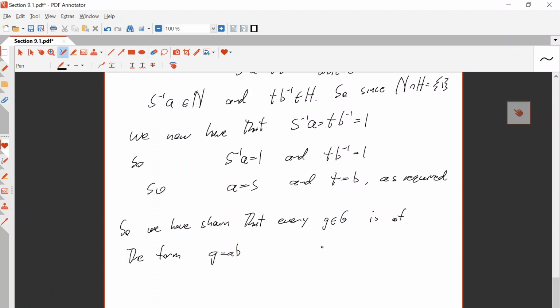Okay, so by assumption, every element of the group is of the form AB, where A is in N and B is in H, and this product is unique.